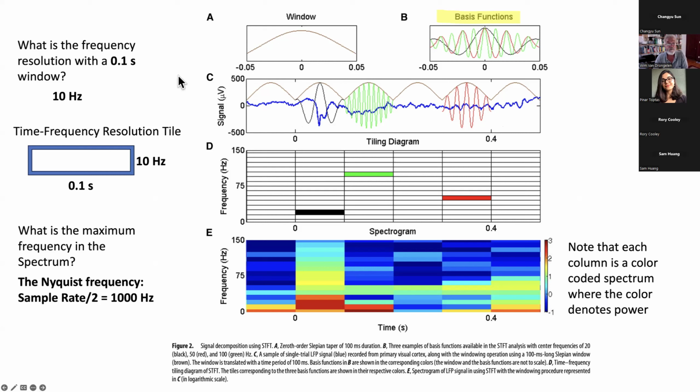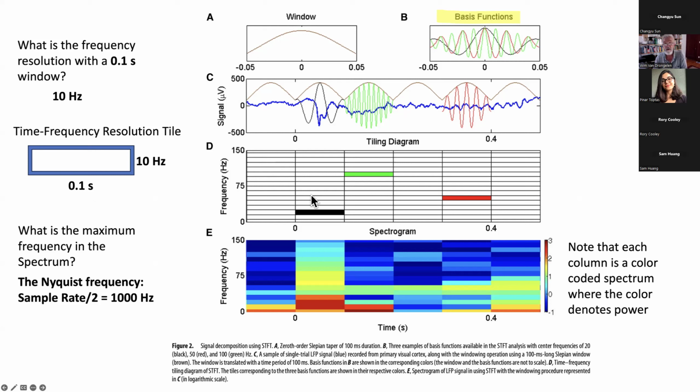That means that the resolution window is 10 hertz. So the resolution in the tile is 0.1 second in the time direction and 10 hertz in the frequency direction. And these tiles are shown here.